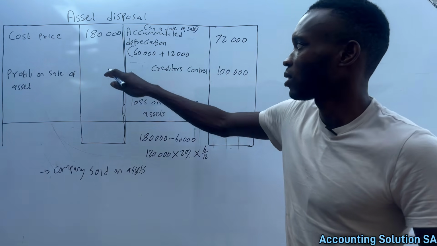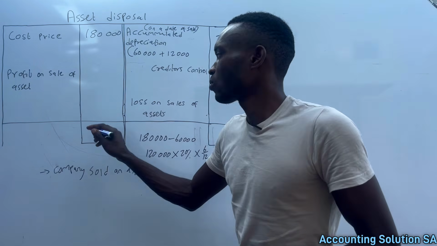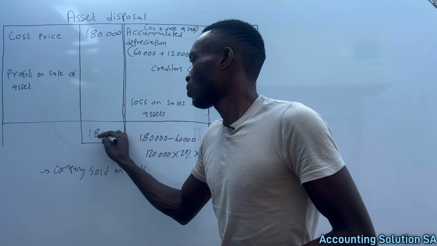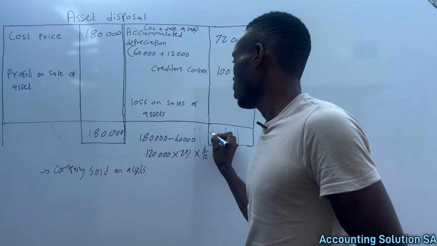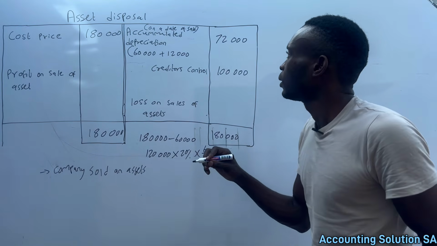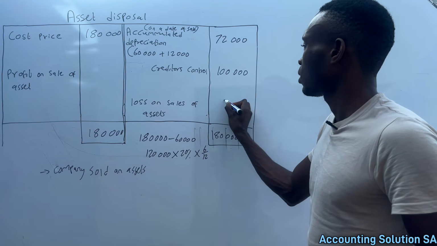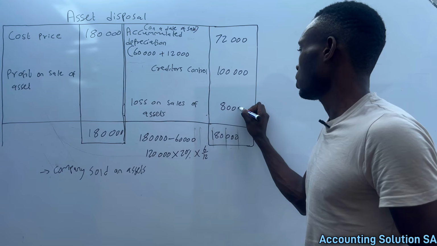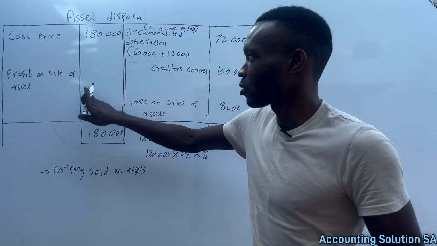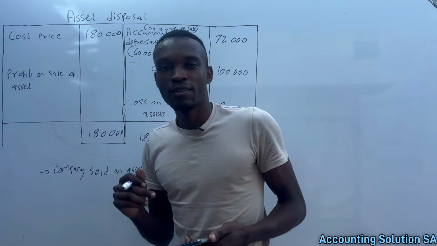Obviously this side is the one which is higher, because this side is going to give you a total of 172,000, this side is 180,000, which means that we're going to balance with 180,000. Which means that the difference is how much? It's 8,000, which means that they sold it at a loss. There is no profit that has been made when they sold this vehicle.